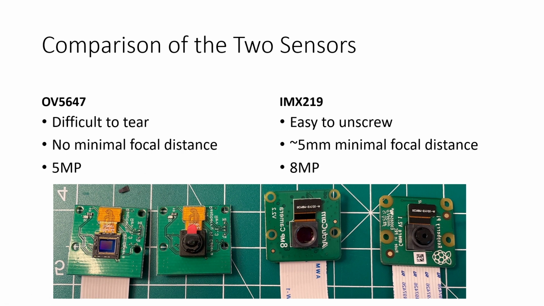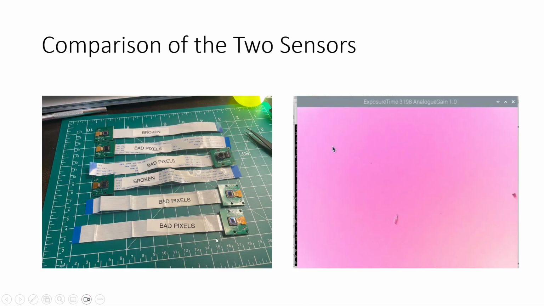But in contrast, for the other type of sensor, the OV5647, it's difficult to tell, but as soon as you tear away the camera mount, it doesn't have a minimum focal distance. But the problem is it's extremely fragile, as shown in this $70 worth of cameras here and the preview of a permanently damaged camera.